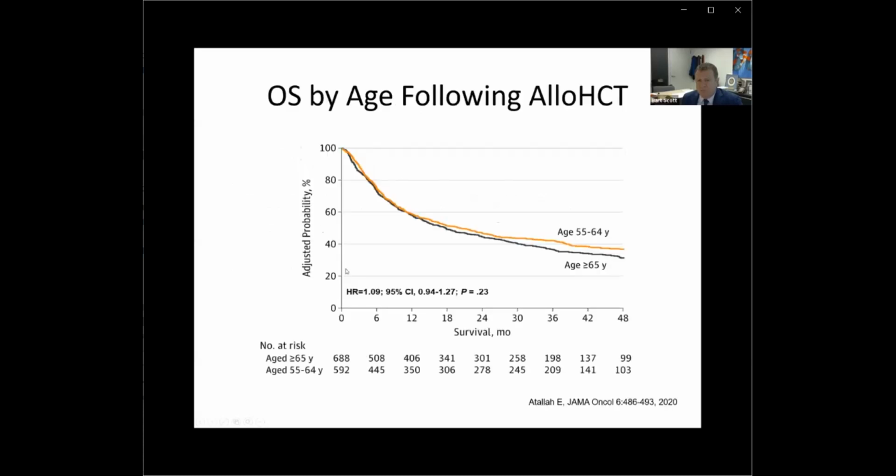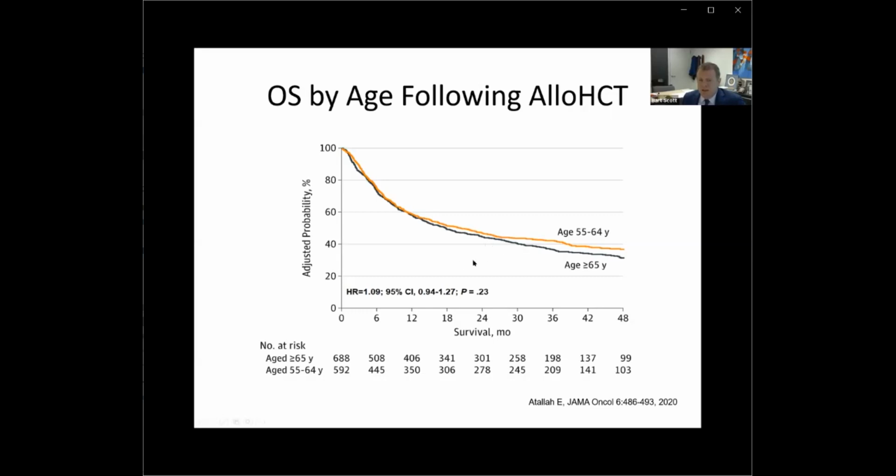healthcare resource utilization. So this was a prospective study from the CIBMTR, and this was what we call the Medicare coverage study, but essentially Medicare wanted evidence that allogeneic transplantation was beneficial to older age patients in order for them to continue to support coverage for transplant in patients over age 65.